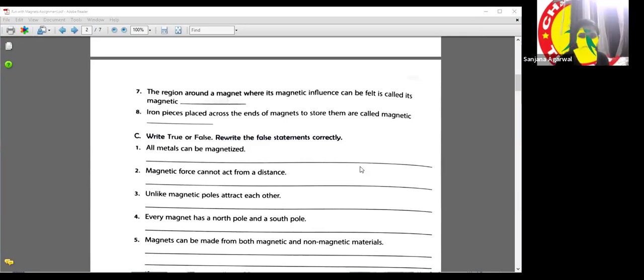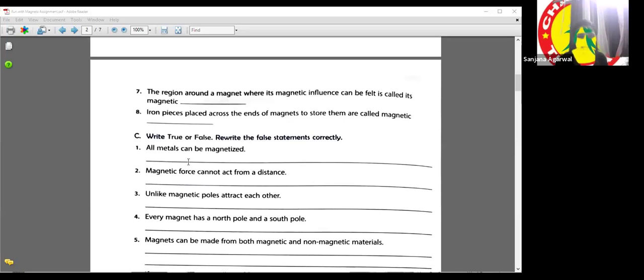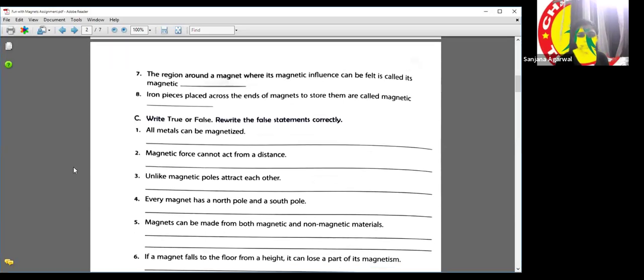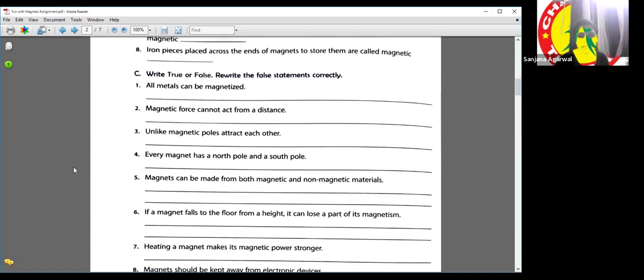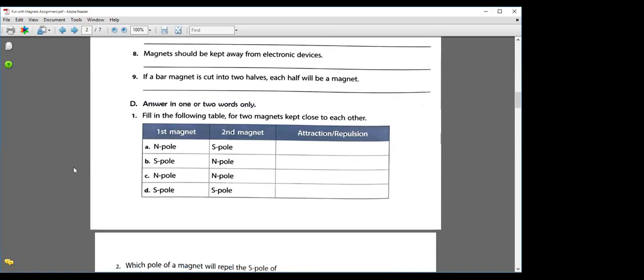Field, magnetic field. Good. Iron pieces placed across the ends of magnets to store them are called keepers.